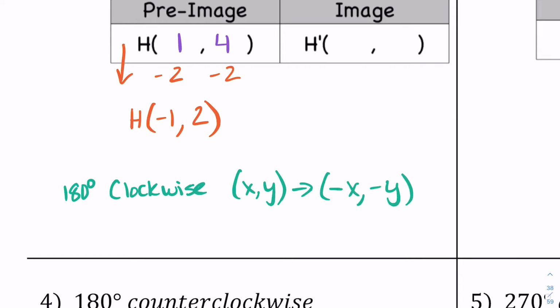This now moves to become H prime, which would be negative x, negative y, which would become 1, negative 2. But the issue with this is that's where it would be if the origin was 0, 0.